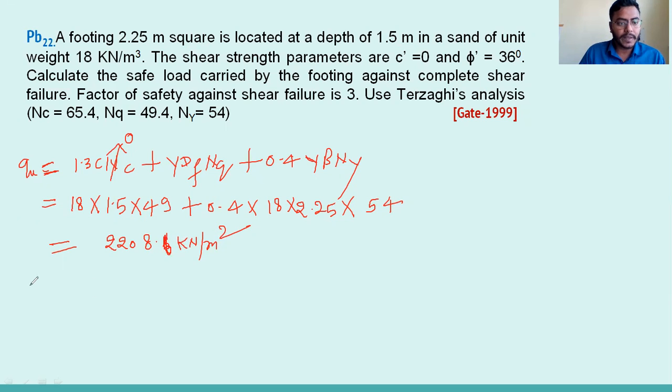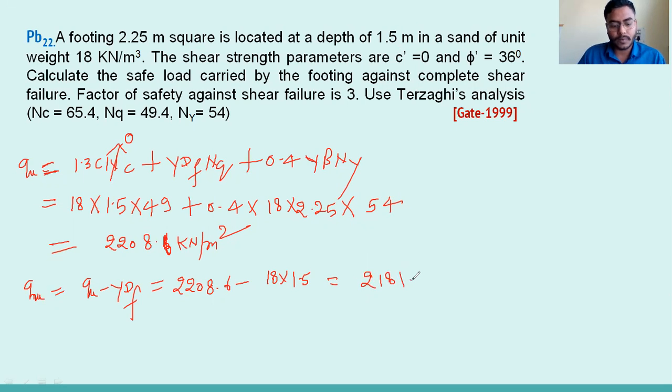Right. So from here we can calculate the net ultimate bearing capacity of soil, that is QU minus gamma DF, the overburden pressure. Here gamma is 18 and depth of foundation is 1.5. So we can write 2208.6 minus 18 into 1.5. We get 2181.6 kilonewton per meter square.